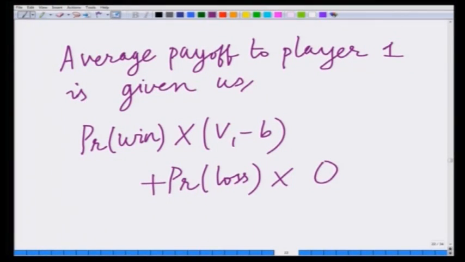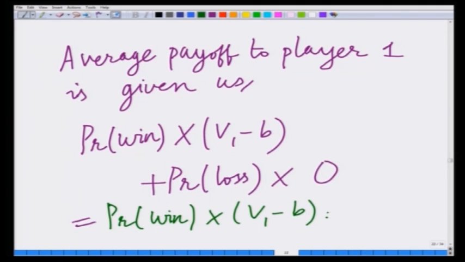If he wins the auction, then his payoff is V1 minus B, that is valuation V1 minus bid amount B paid, and we multiply that by the probability of winning, plus the probability of loss times 0, because if he loses the auction, he does not get the object, and neither does he pay anything. So the average payoff is the probability of winning times V1 minus B plus the probability of loss times 0, which simplifies to the probability of win times V1 minus B.